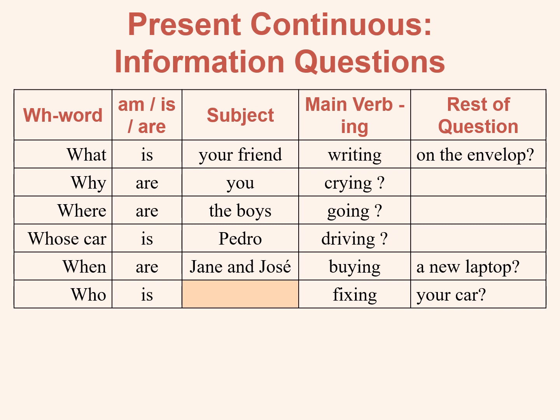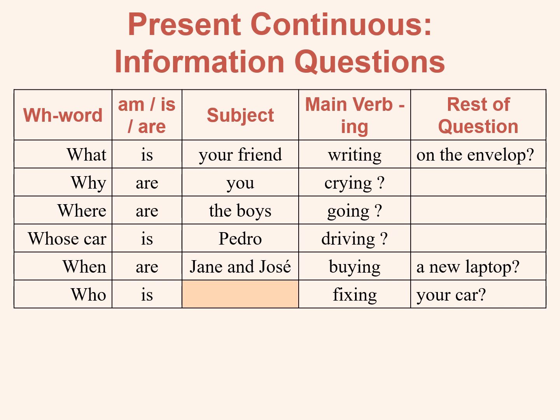Right? So if you look at the examples here, WH word, what? Then the auxiliary is, the subject, your friend, the main verb, writing, with the ing form, and then the rest of the sentence, on the envelope. Why, the WH word, are, the auxiliary, you, the subject, and then crying, the main verb in the ing form.